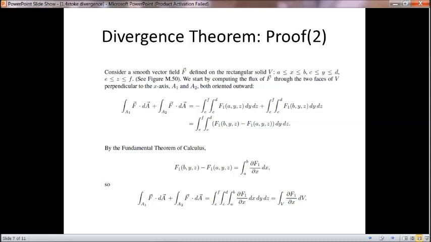Now we start by computing the flux of F through the two faces of V perpendicular to the x-axis.